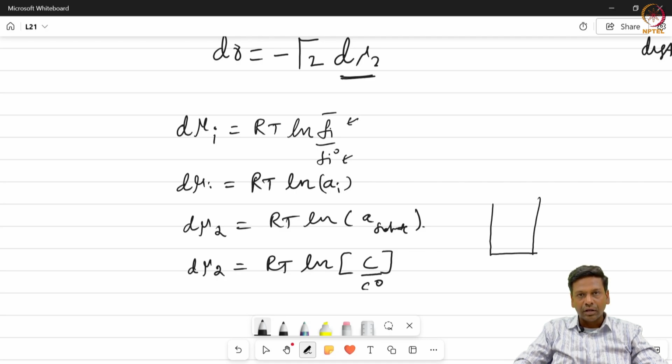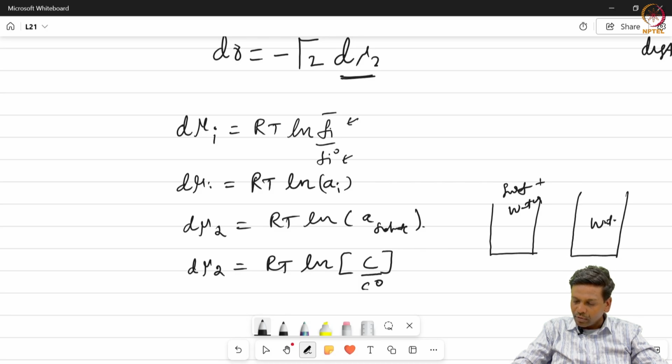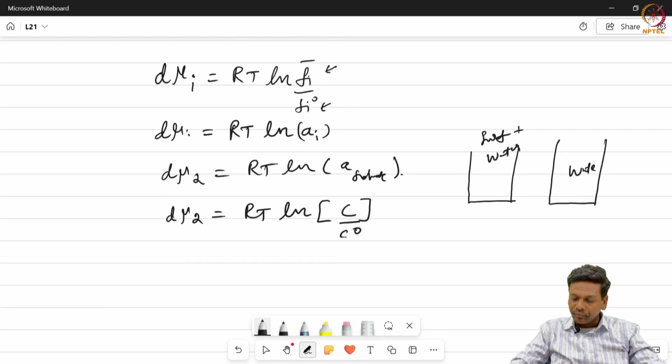Let's say you consider a surfactant mixture, so surfactant plus water. This is one case, and you also have water as a pure component. In that case you have to normalize with respect to the pure water; C naught will be pure water.